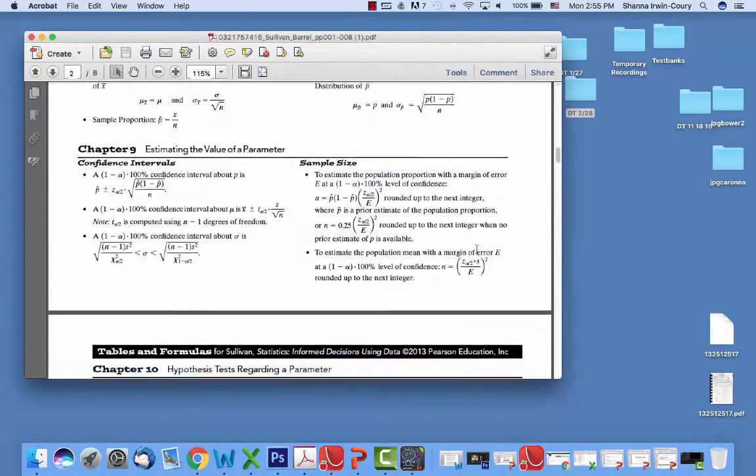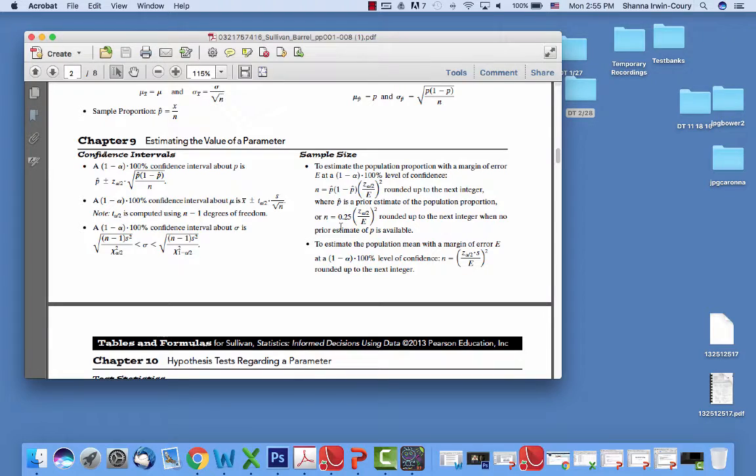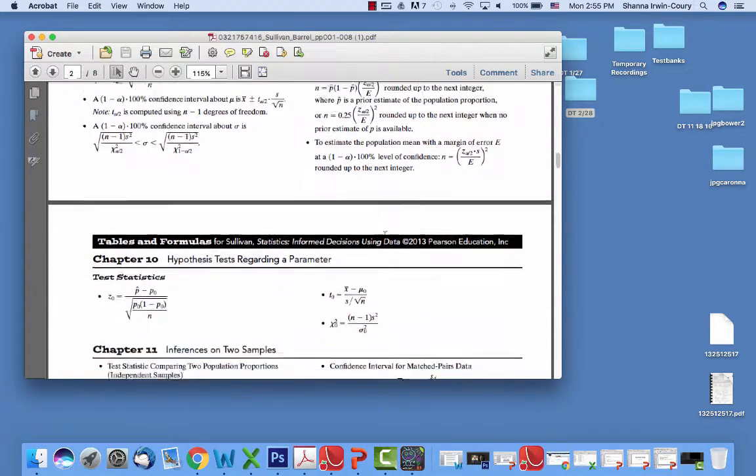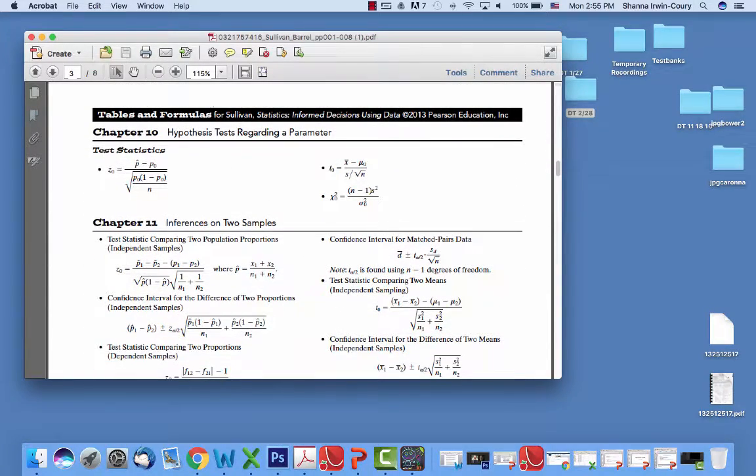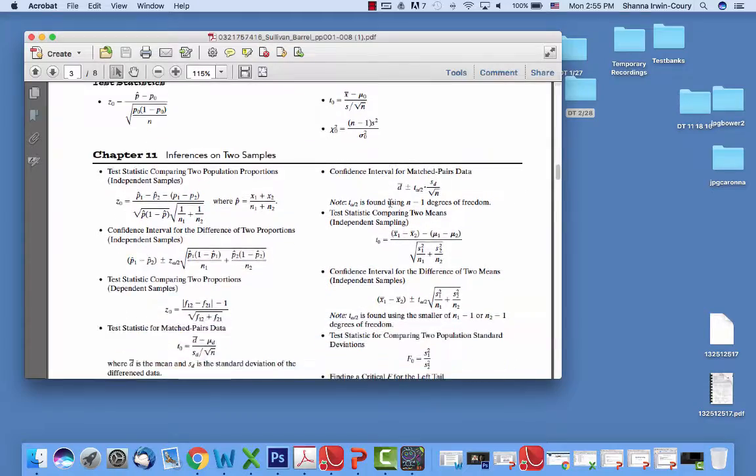Okay, so everything about confidence intervals is here in Chapter 9. Hypothesis testing stuff is here to find the z-score, the t-score, or the chi-squared score. Okay.